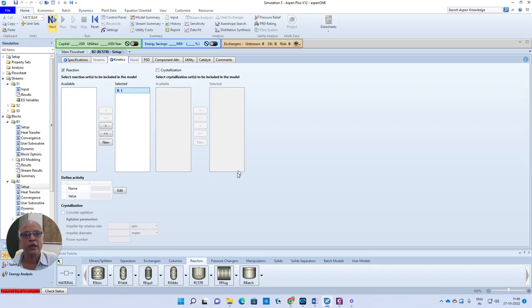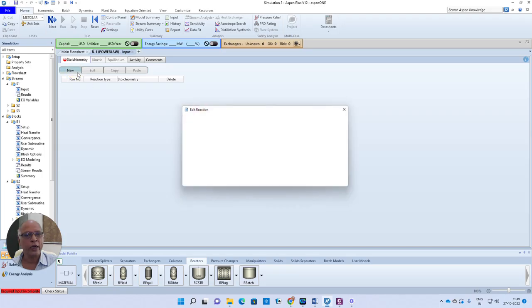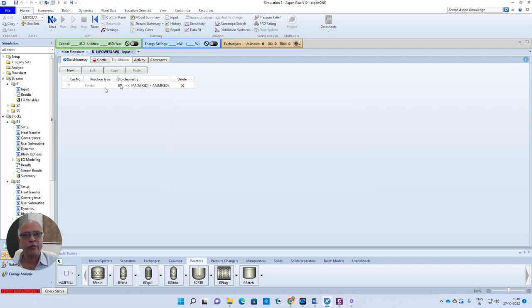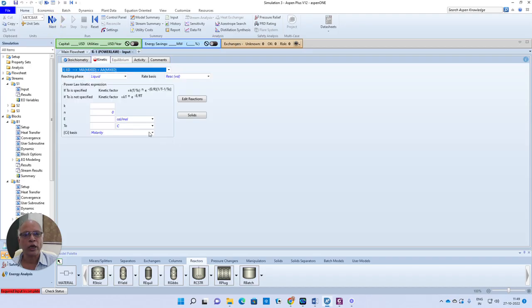Okay, next. Now we know the stoichiometry. Ethylene diacetate is first order with respect to the reactant, methyl acrylate and acetic acid. So we have defined the stoichiometry. Now we need to talk about the kinetics. You know this is converted into vapor. This is 7.8 into 10 power 9.